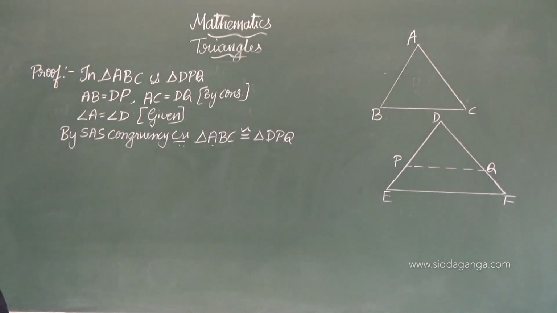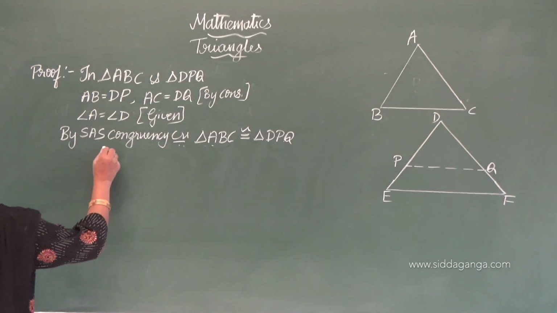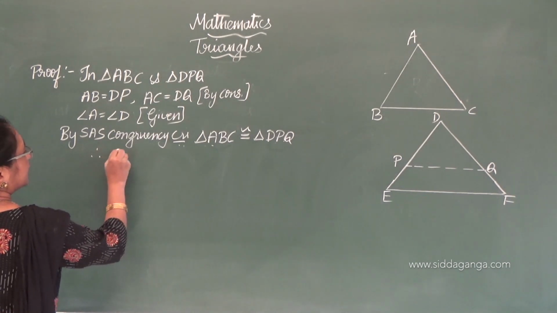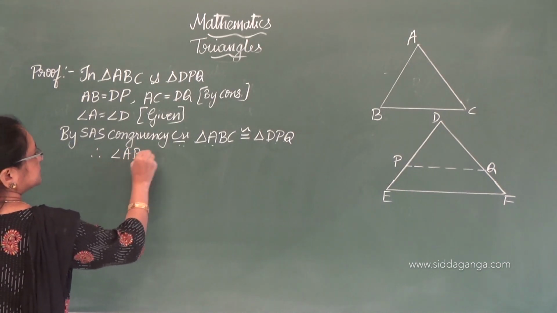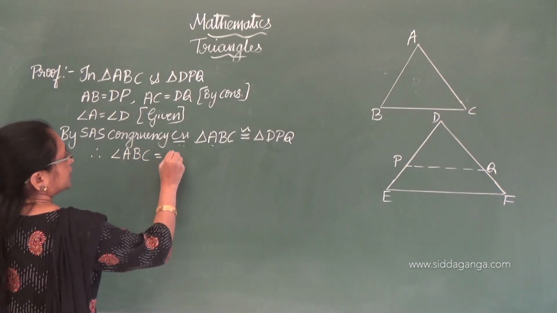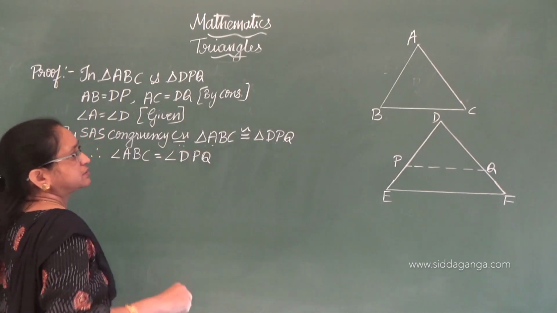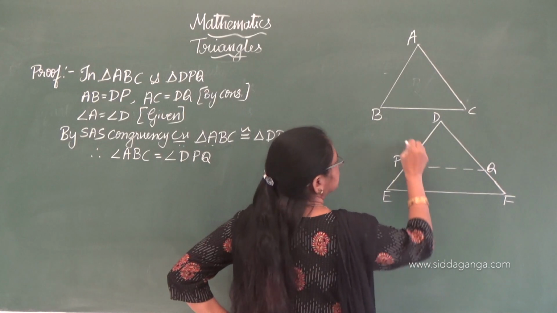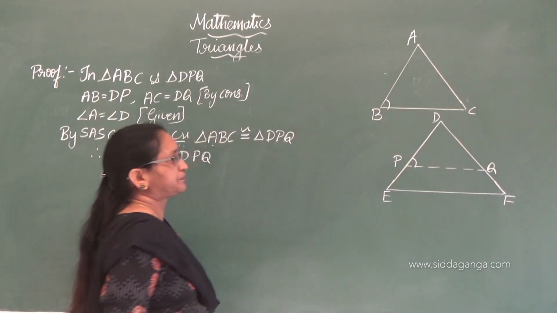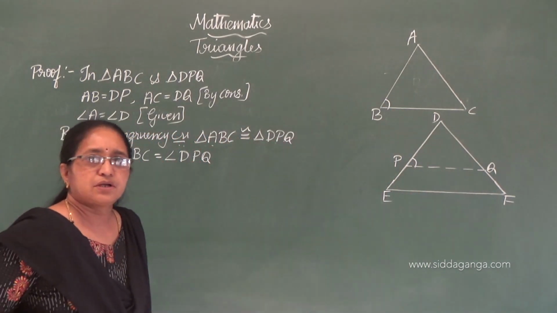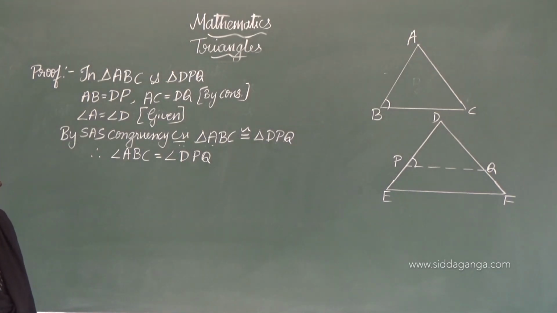So, therefore angle ABC is equal to angle DPQ, correct. I hope you understood. Angle ABC is equal to angle DPQ.